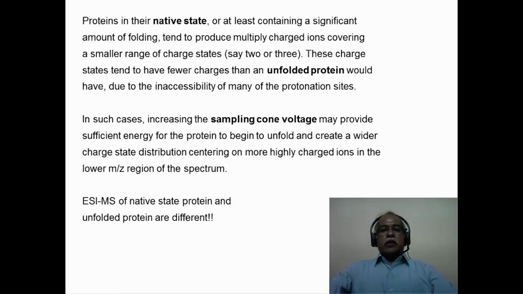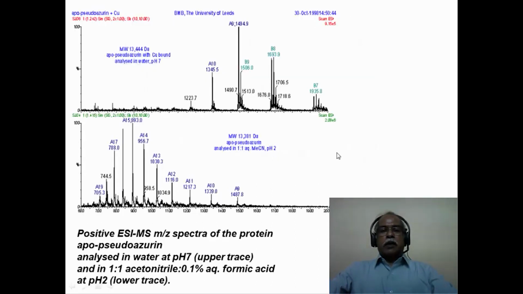So if a native protein is denatured and such protonation sites are exposed, then you have a wider distribution of charged species in the case of a denatured protein compared to a native protein. So the electrospray ionization mass spectrum of a native protein and the unfolded protein can be very different in nature. This is explained in this particular slide here.